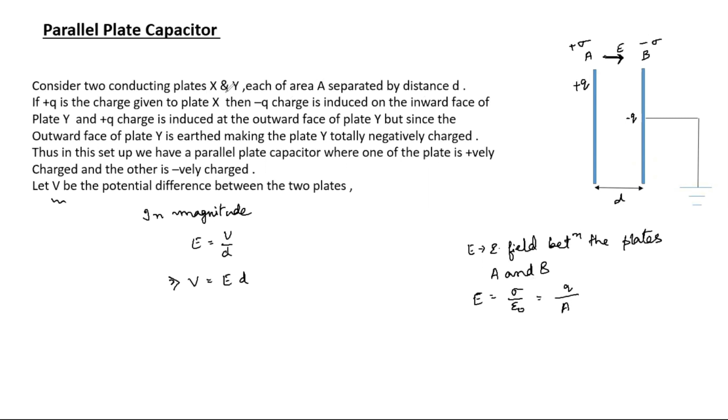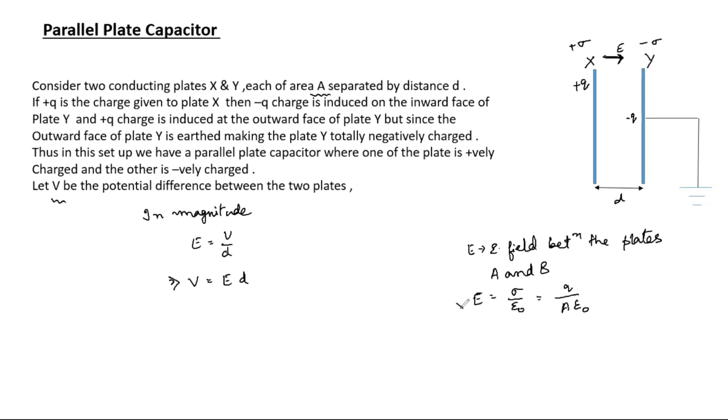I have assumed that these two plates are X and Y. So instead of using the letters A and B, let's consider that both plates are X and Y, and A is the area of these plates, X and Y. When you replace sigma by Q by A, the electric field will be expressed as Q by A epsilon naught.